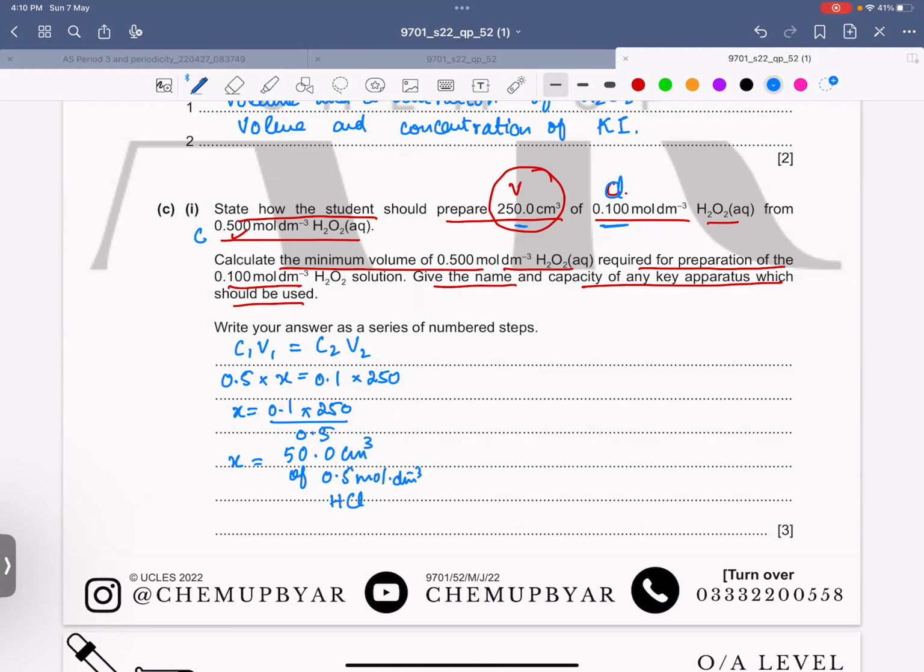Now we have to outline the method as well.